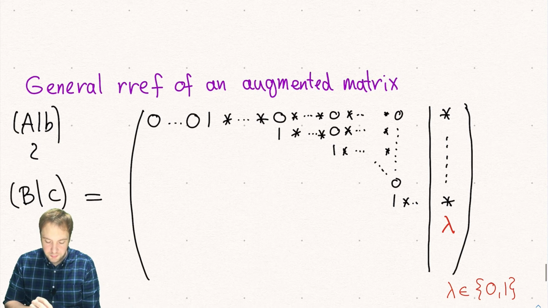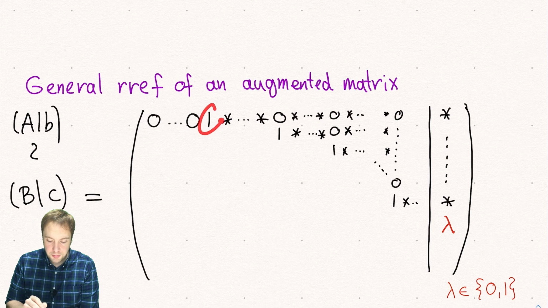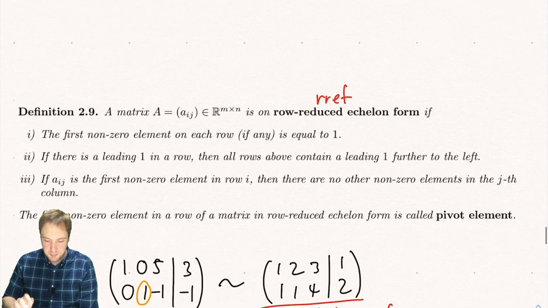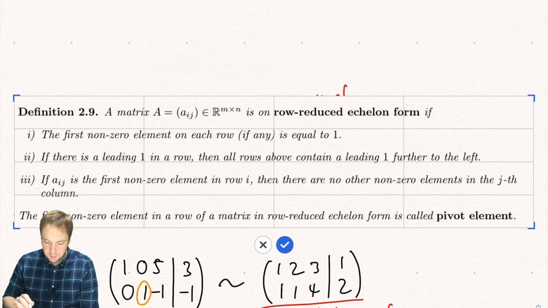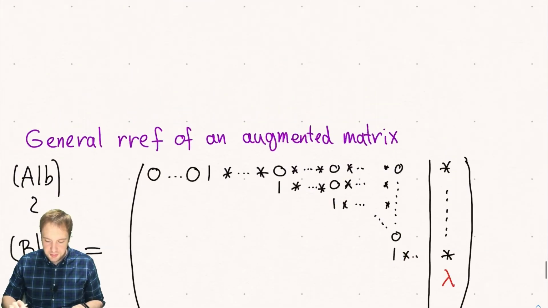In the first row, this could start with some zeros, and at some point I will have the first non-zero element, which needs to be 1. So maybe let's copy the definition here.